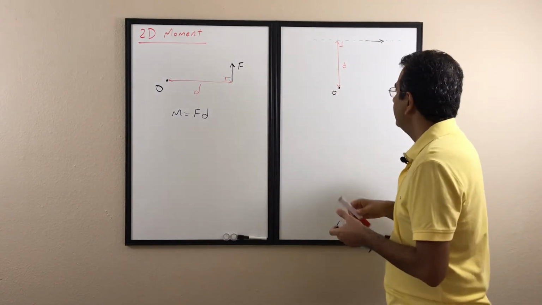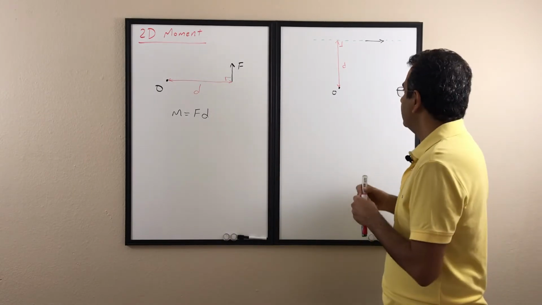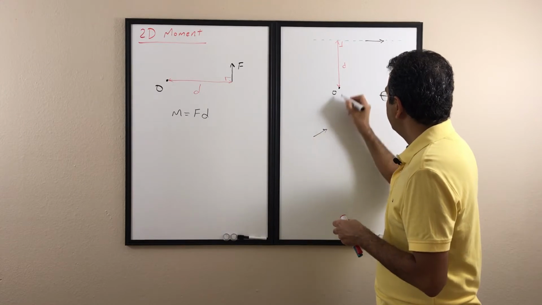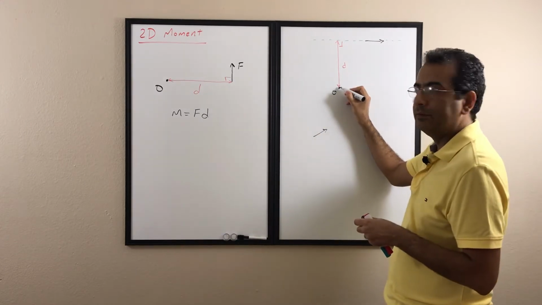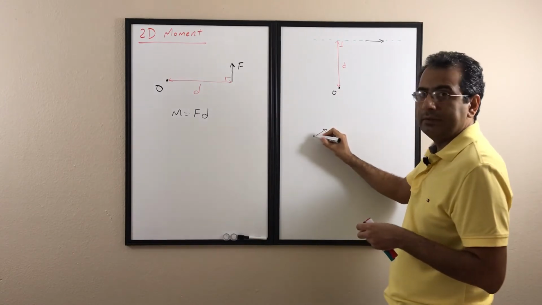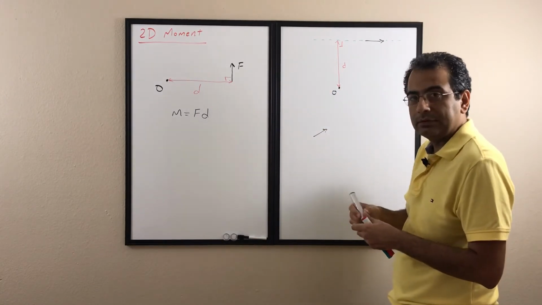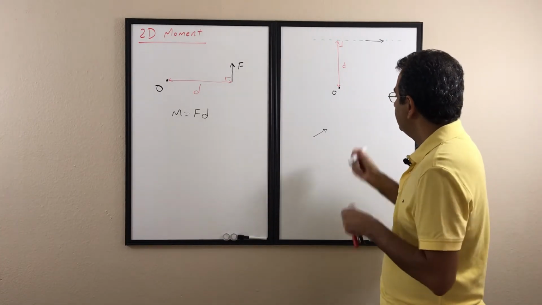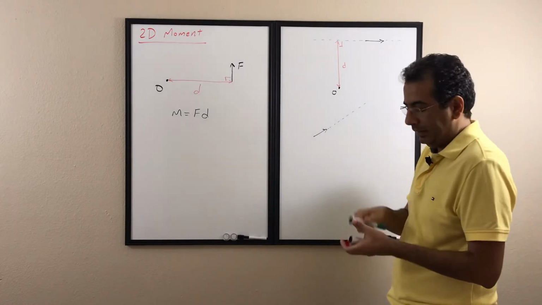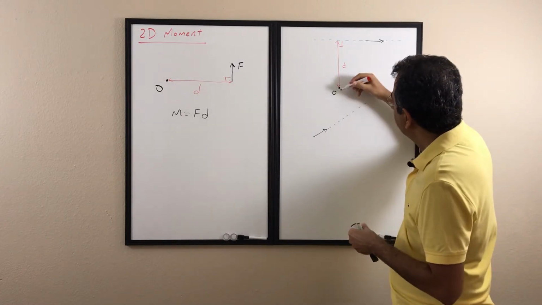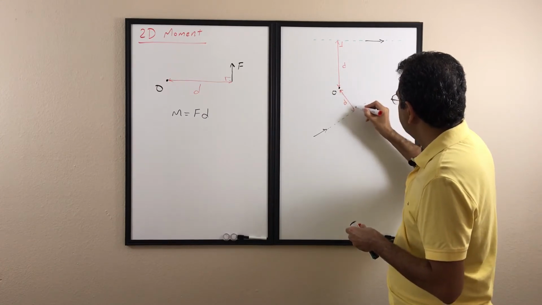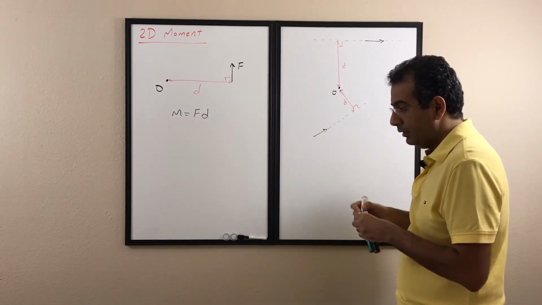The same applies if the force is in any other location. For example, if I have a force here and I want to find the moment about O, again, if I connect O to the force, that is not going to be the right angle. So I extend the line of action, and then I find a D that is normal to the line of action.